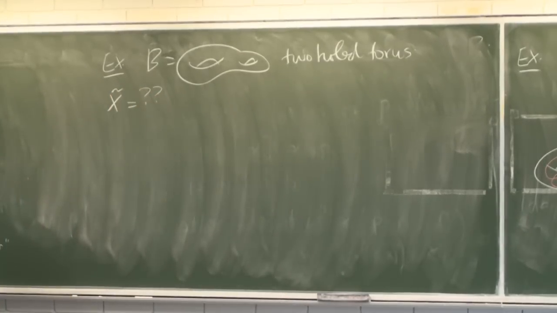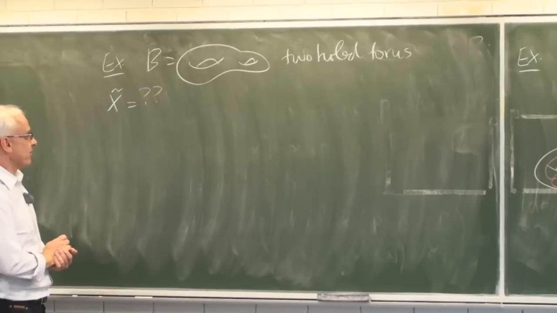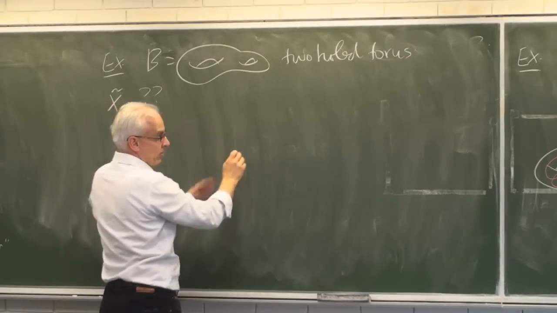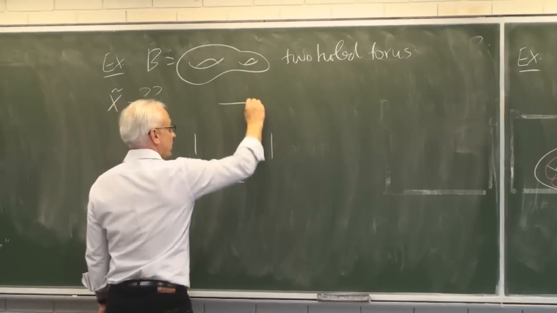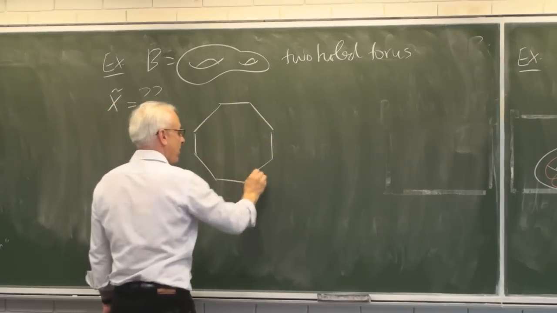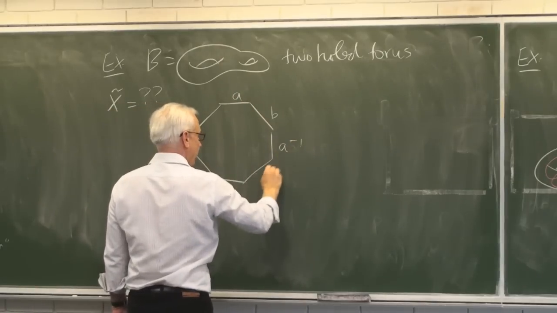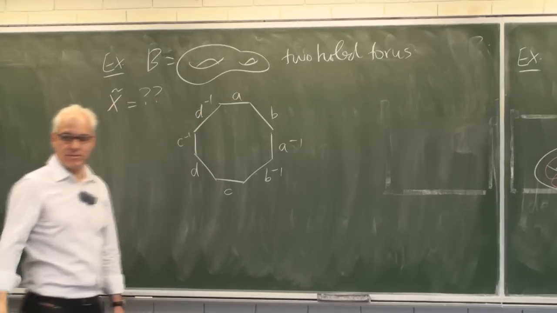Well, that's not so easy to lay out in complete detail, but I'll tell you what the rough idea is. The rough idea is to think of the two-hole torus in terms of its planar representation, in terms of an octagon with sides A, B, A inverse, B inverse, C, D, C inverse, D inverse.